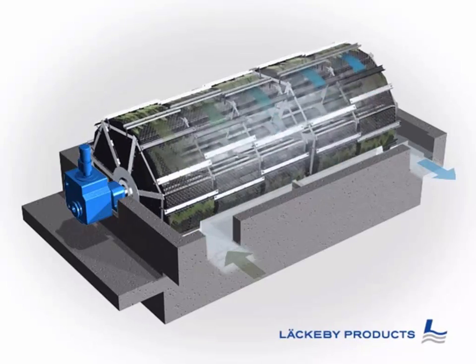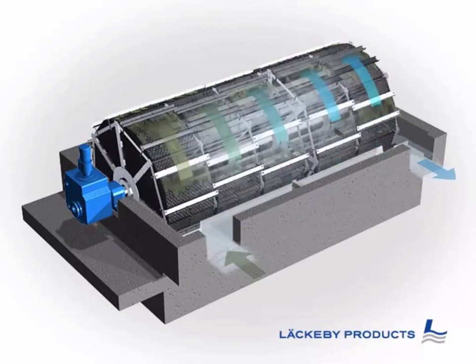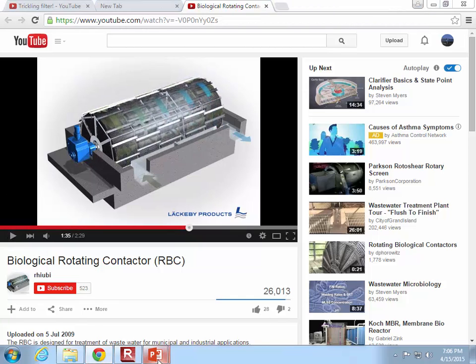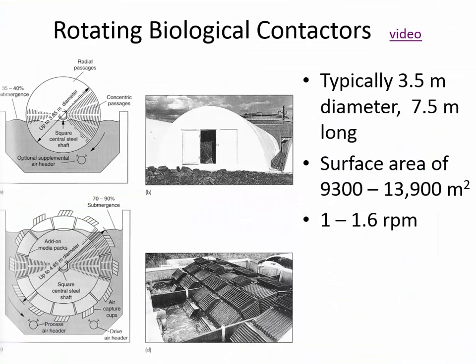The same kind of principles apply, where you're going to have the growth of a solid, even though you had a dissolved BOD. The way that we want to purify the water is turn a dissolved pollutant into something that can be settled.